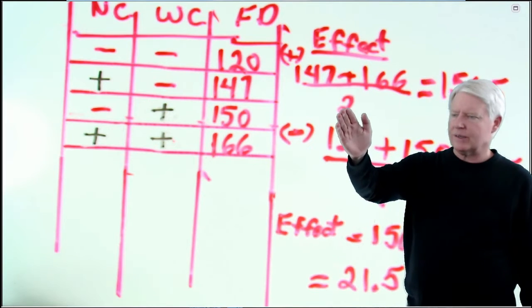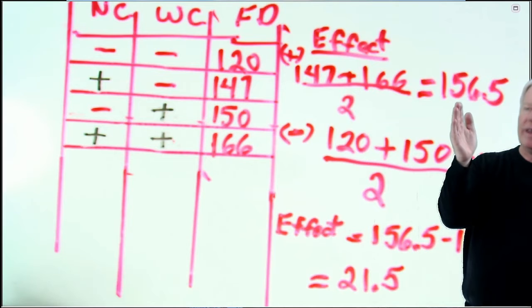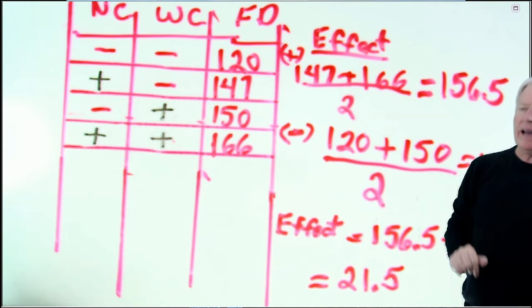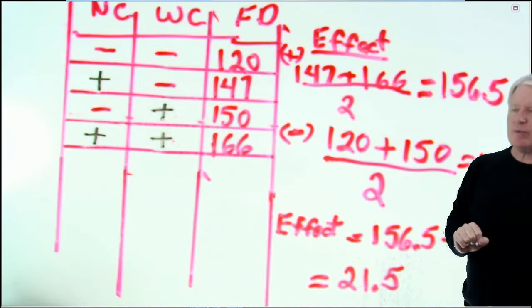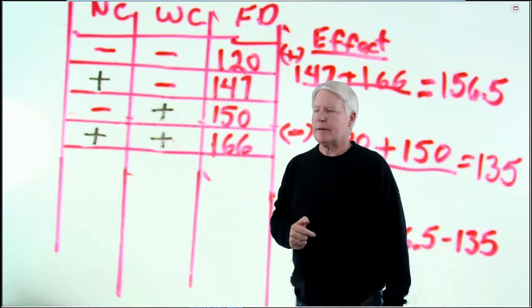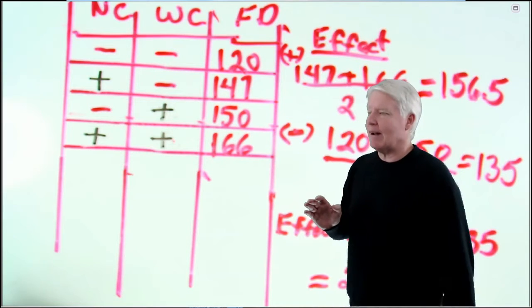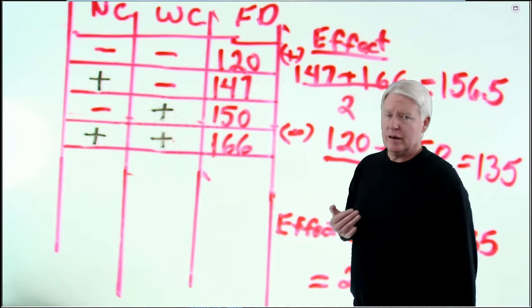Of course I'm adding those together and dividing by 2, and that's the average flight distance when the nose is folded in. On average then, when the nose is folded in, it went 156.5, whatever units, inches or whatever. So I found the average. Now I need to find the average when the nose condition was at its negative setting, which was folded out.